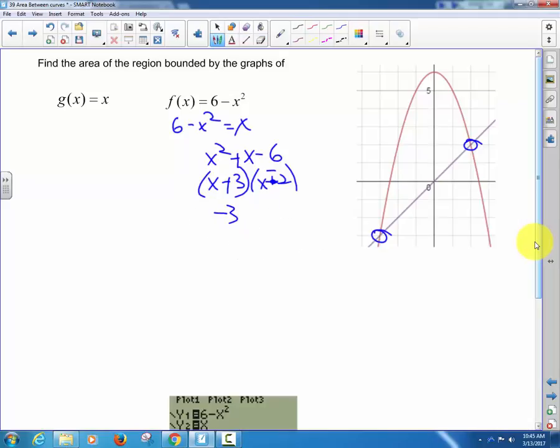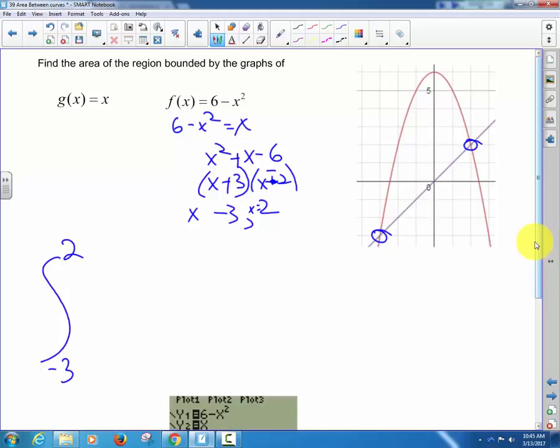So it's negative 3 and positive 2. So what does that tell us? Anybody got an idea? That's the interval. We're going to integrate from negative 3 to positive 2 because both of these are x equals.